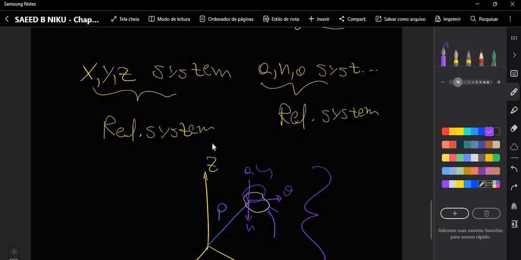If we do this, the position and orientation of the object relative to this referential will always be known. That's what this topic is telling us.